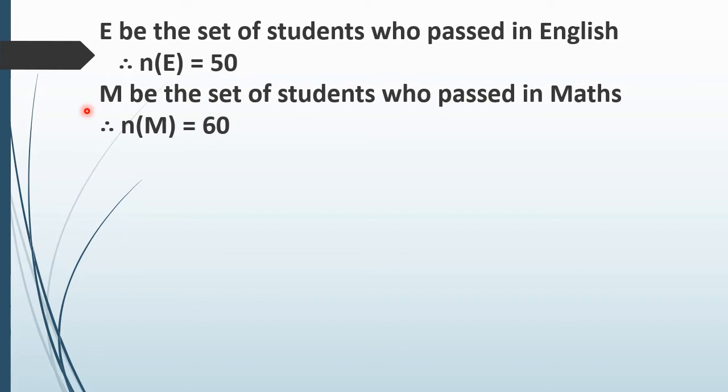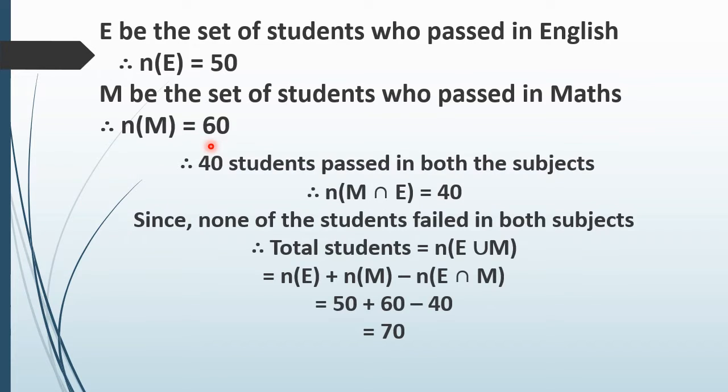M be the set of students who passed in maths. Therefore, number of element in set M is equal to 60. 40 students passed in both subjects. Therefore, number of element in M intersection E is equal to 40.